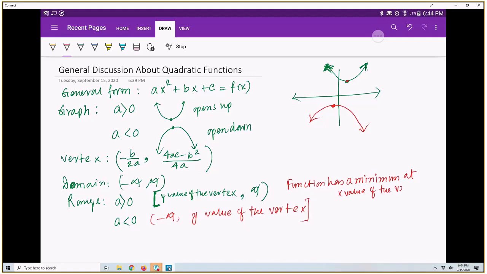Oftentimes we call it the location of the minimum. And then the minimum value is the y value of the vertex.